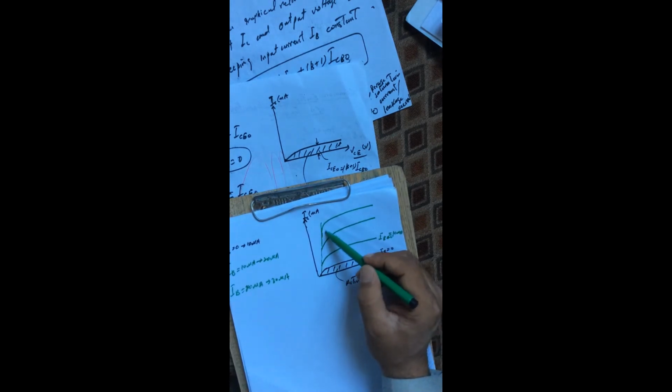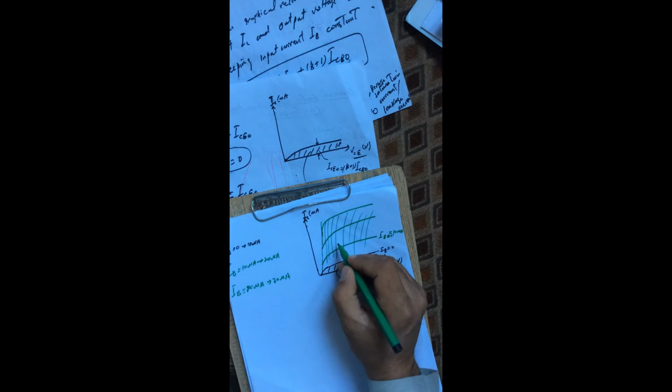So the output current varies with output voltage like this. Now the region under this curve, this region, is called the active region. Now if I see the equation, IC is equal to beta IB plus ICEO.